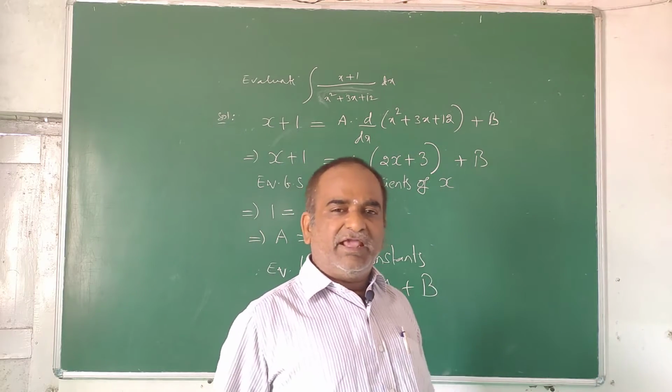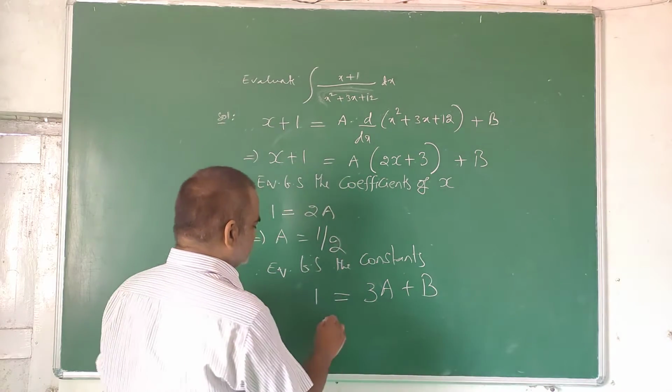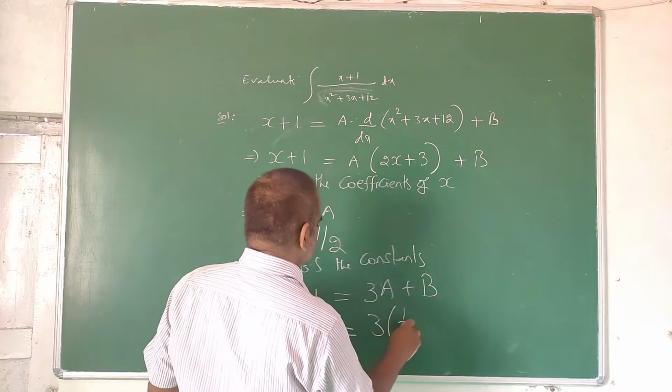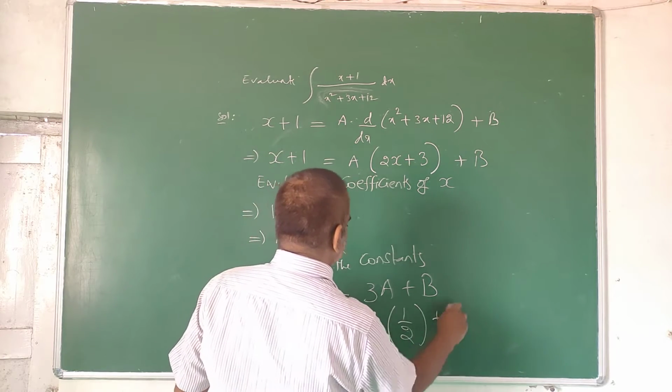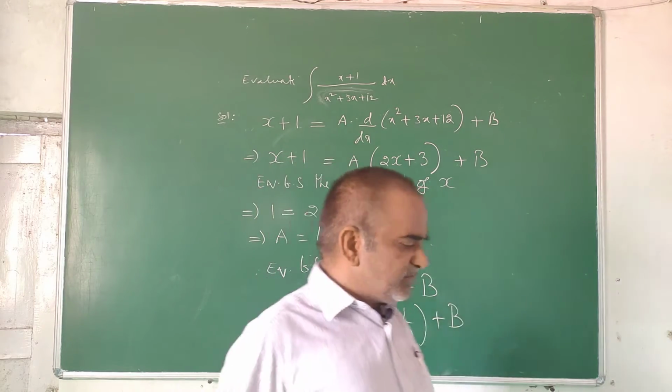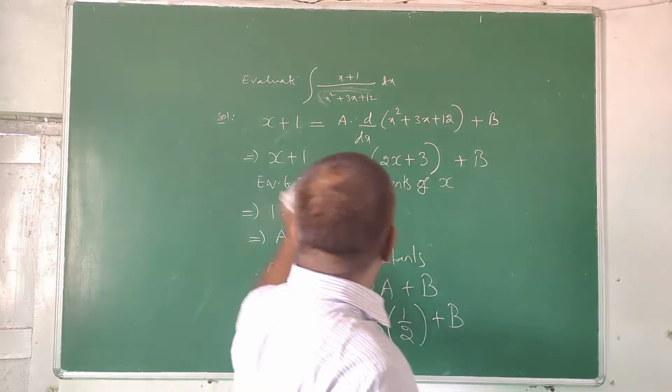Now you substitute the a value 1 by 2, so 3 into 1 by 2 plus b.